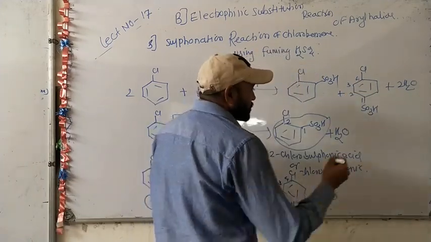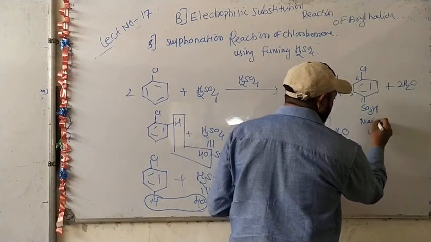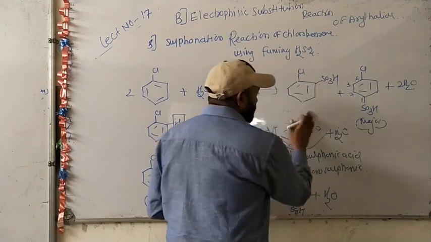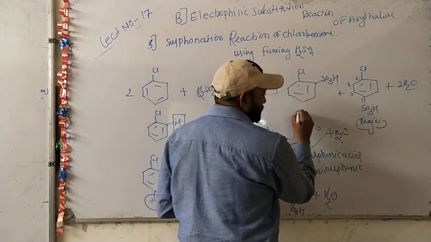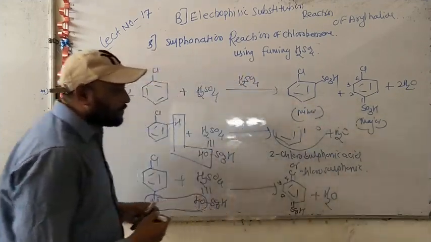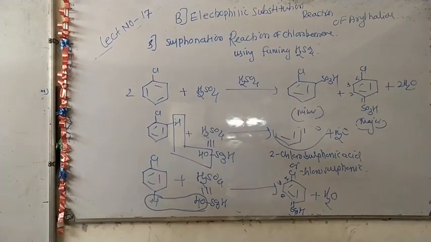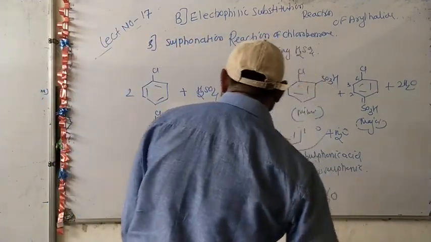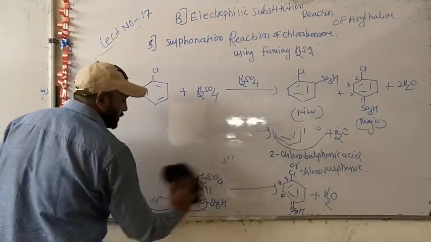The 4-chlorosulfonic acid is the major product, and 2-chlorosulfonic acid is the minor product. So para forms the major product in an electrophilic substitution reaction of aryl halides.